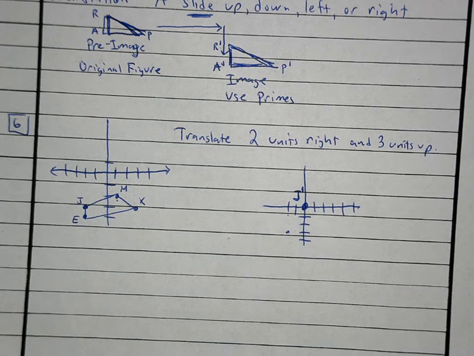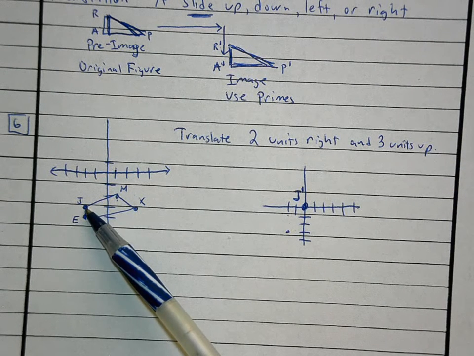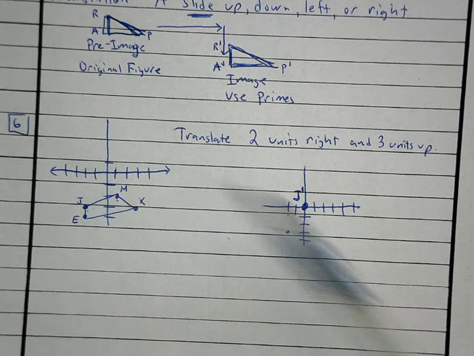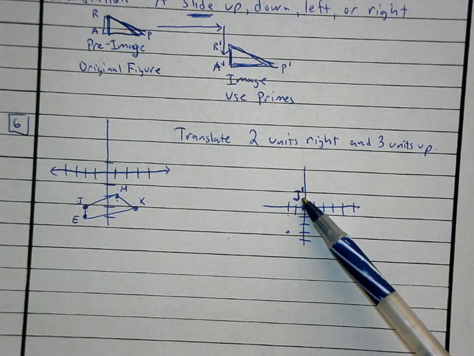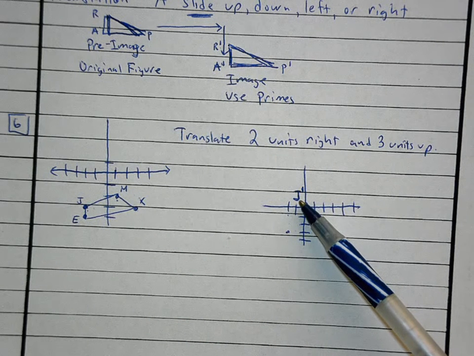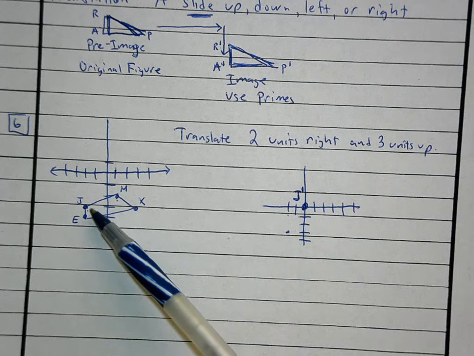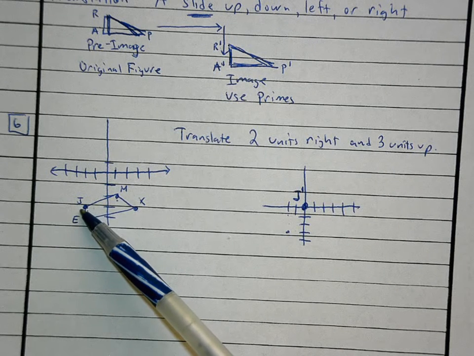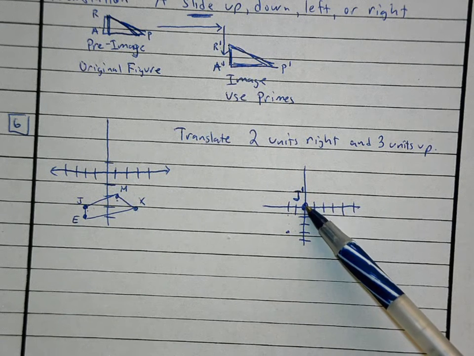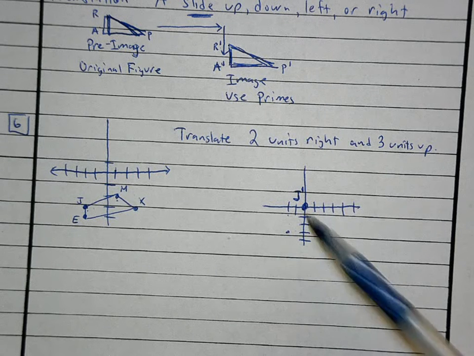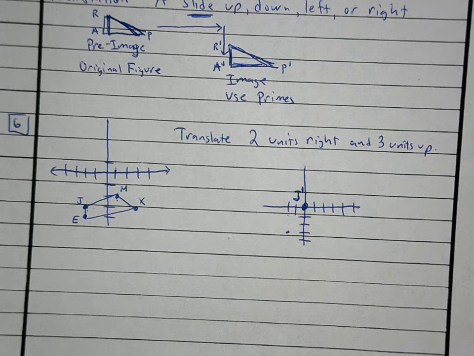Do you notice that when I move J to the right 2 and up 3, I labeled it as J prime? What does that let you know? It lets you know that this is my original, this is my pre-image, and that this is my image. This is my new object. It's been translated. But I've only translated 1 point.